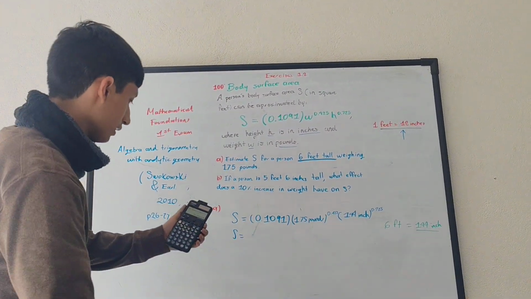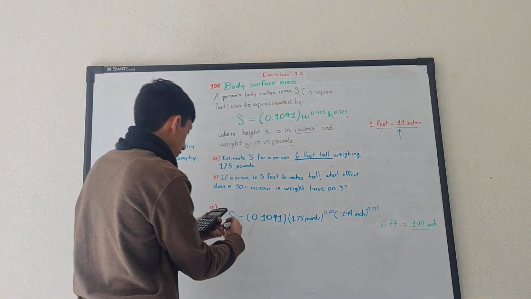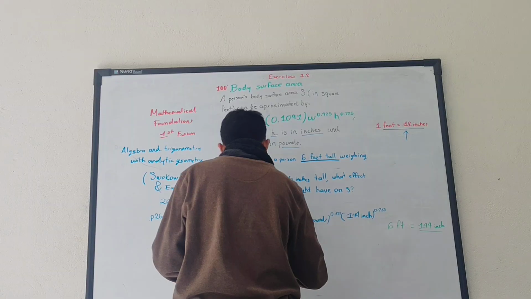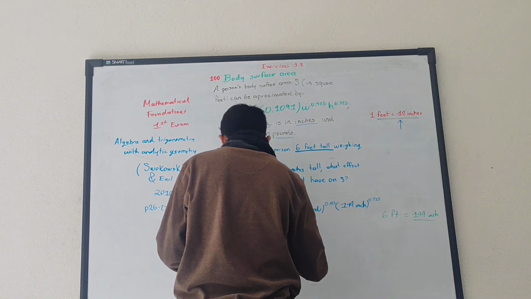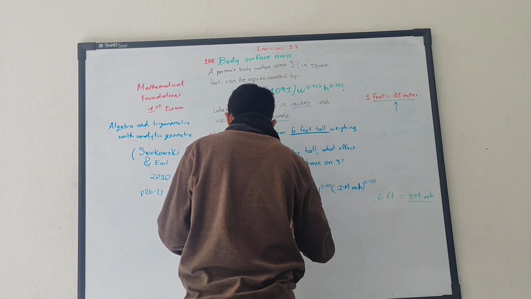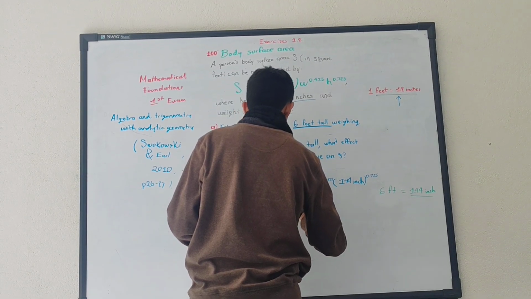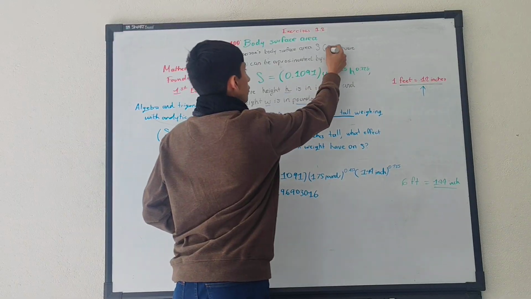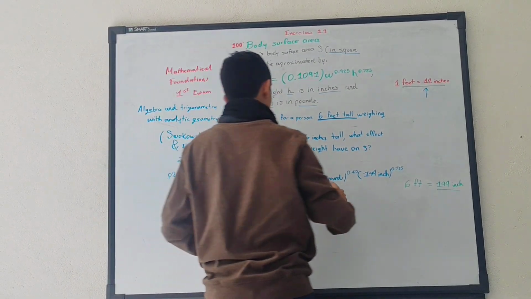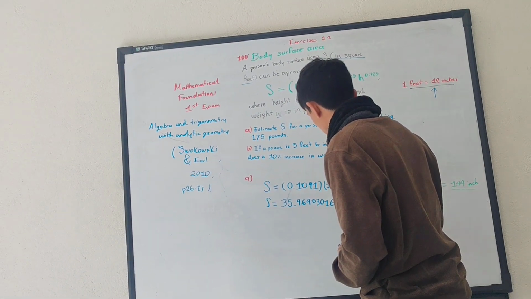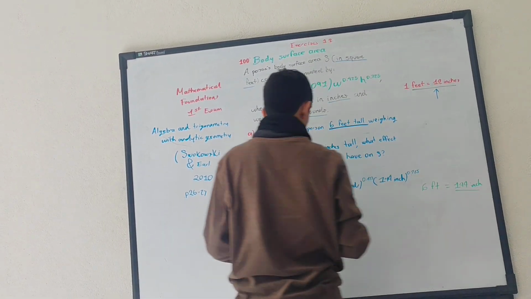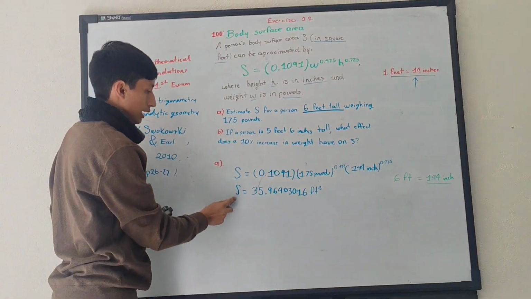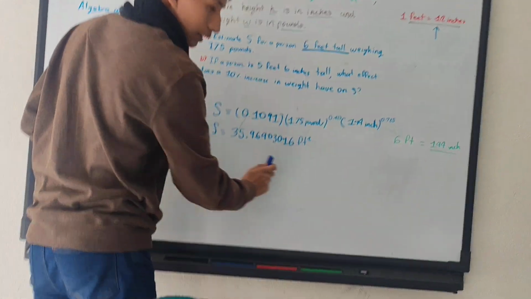So we have that S should be equal to 35.96903016, and the problem says that this will be in square feet. So for the first, S will be equal to this many square feet.